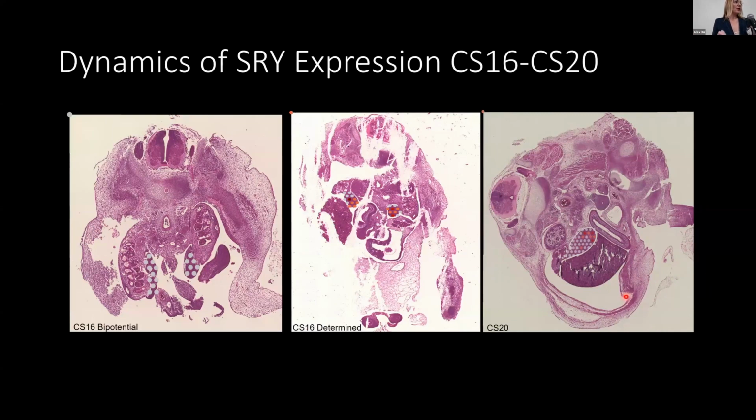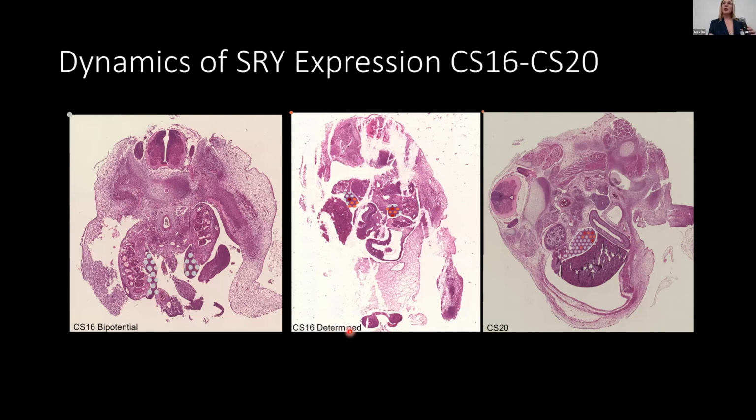One of the first questions we wanted to ask in these particular samples was about SRY expression, because it's known in the mouse and there's limited data in the human that SRY expression, which drives testis formation, is a gene that comes on rapidly and then is shut off rapidly, and SOX9 takes over as fortifying the testis program. So we were delighted to see, when we're looking at just the testis regions of this sample, which is next to the mesonephros, that in the bipotential gonad, there's low to no expression of SRY.